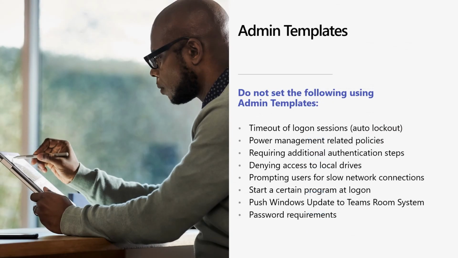All right, so hopefully this slide is going to be useful for you. So what should and what should not be done? If you're told, yeah, sorry, we're not going to exclude Teams Rooms from all our policies, remind those people that things like the automatic timeout of Windows sessions or the auto lock capability of a Windows session, things like power management, things like multi-factor authentication, MFA, things like starting a certain program at logon, all of these things will degrade the user experience and potentially make Teams Rooms unusable.